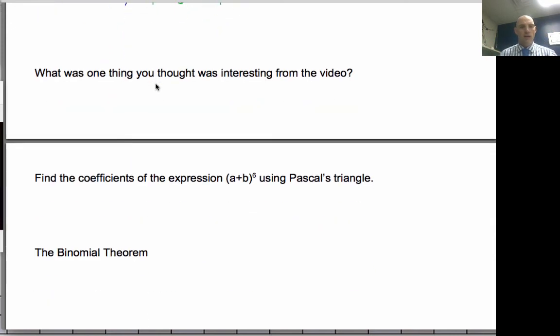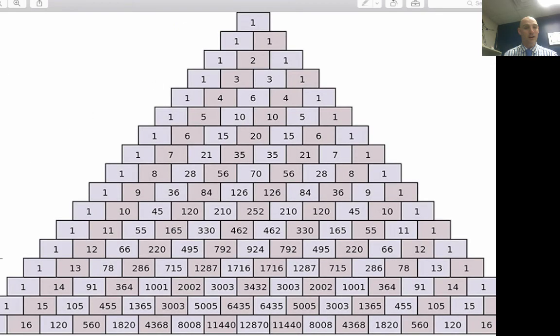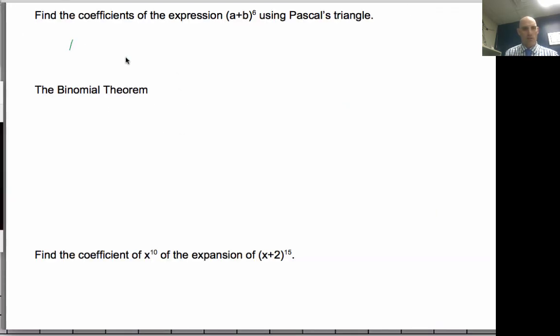Okay, so find the coefficients of the expression a plus b to the 6 using Pascal's triangle. We kind of already did this, but let's look at the 6th line here. How do I know it's the 6th line? Well, it's got a 6 right here as my second term. So 1, 6, 15, 20, 15, 6, 1.